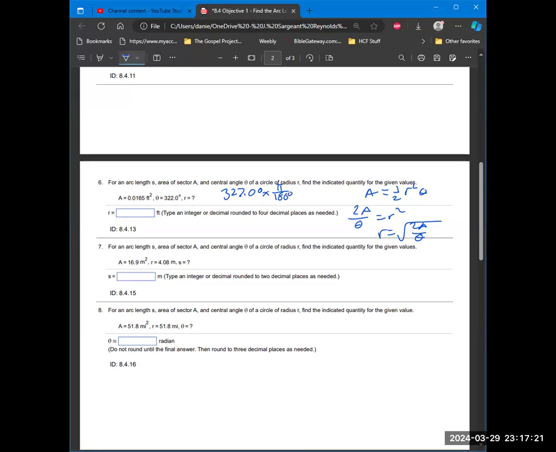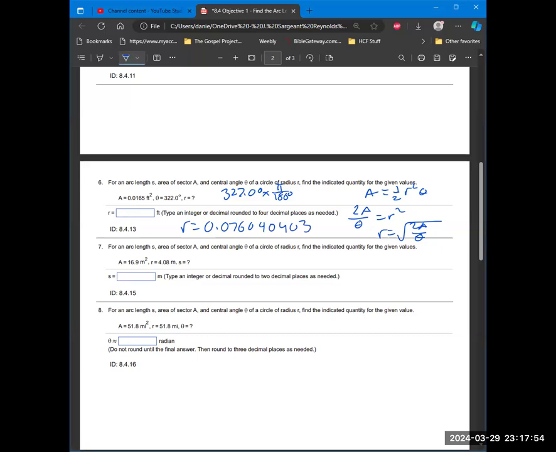And I'm going to let my calculator do all of that. 322.0 times the fraction pi over 180. And I get an answer here of r equals 0.076040403.